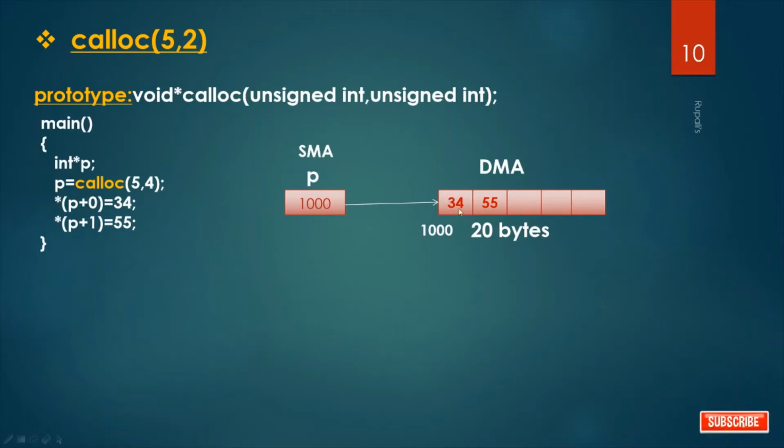Here you store 34. Now star p plus 1, because it is pointer addition, means the second block address, which is 1004. Here you store 55. In this way calloc works.